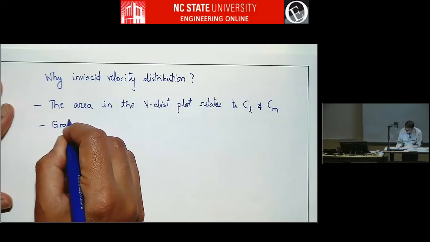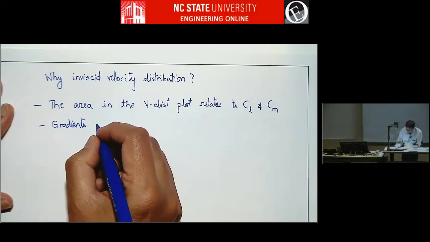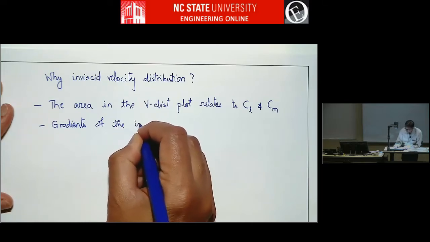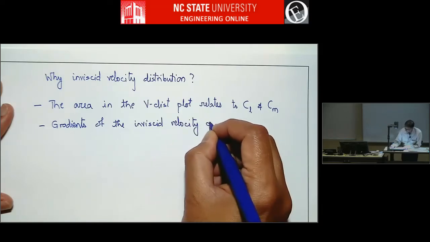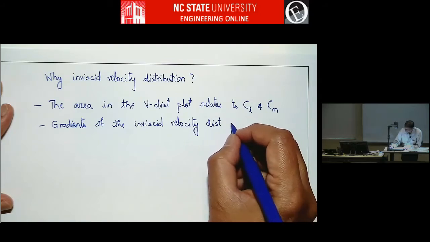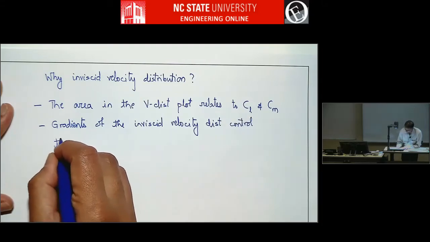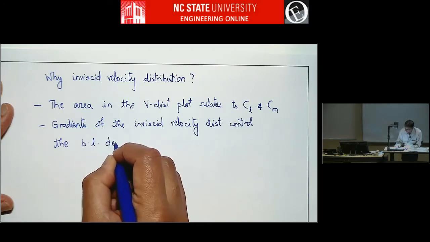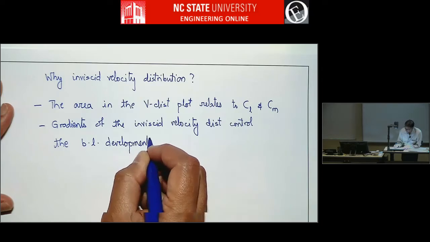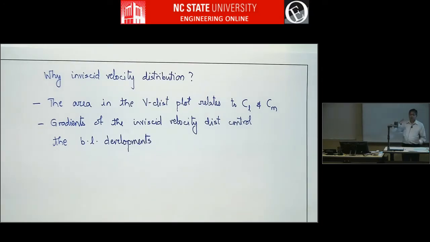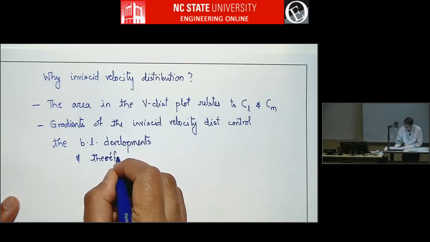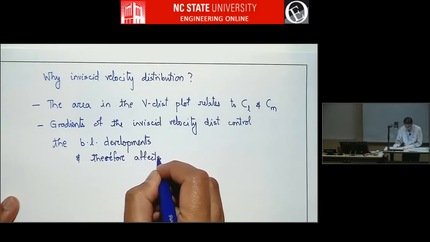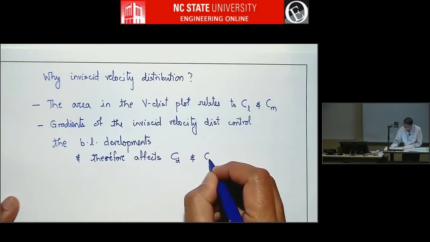And we also know that surface gradients of the inviscid velocity distribution control how the boundary layer develops along the surface, and therefore this affects the drag coefficient and CL max.